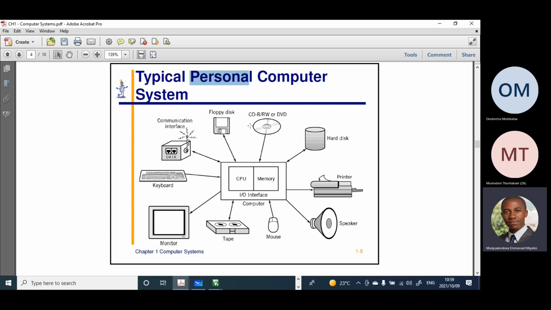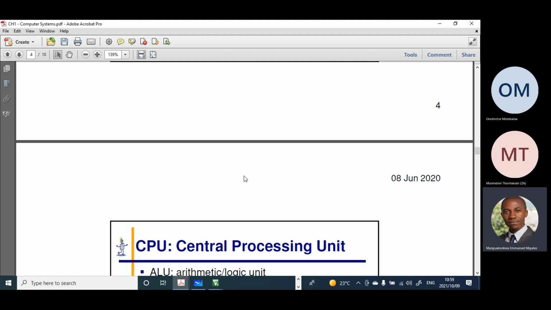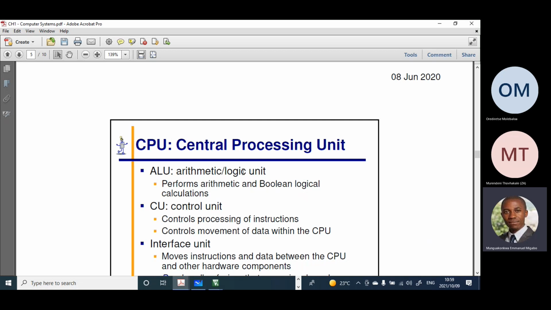And in terms of peripherals, you would have some input peripherals you need for a personal computer, a keyboard. A floppy disk is no longer applicable, that's old. So you'd substitute that with a USB port, for example. You've got some communication interface, you've got a hard disk, of course, you might have a printer interface, a mouse, a speaker. So yeah, that slide is kind of outdated.